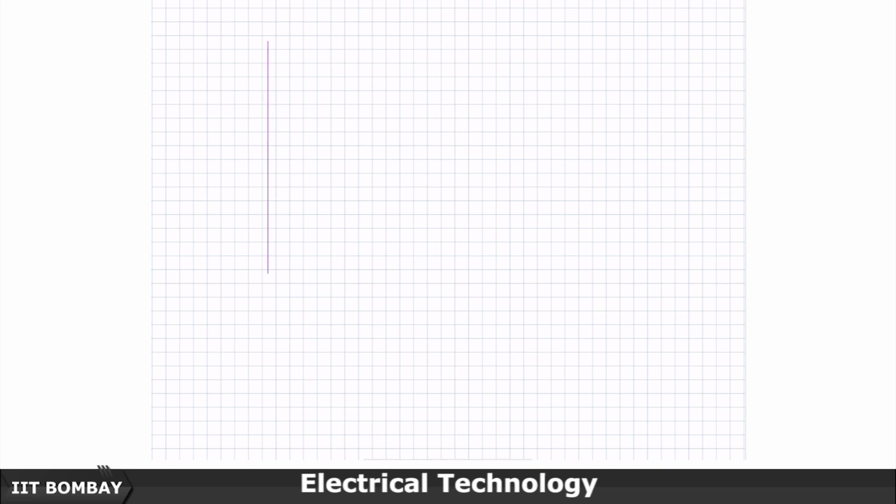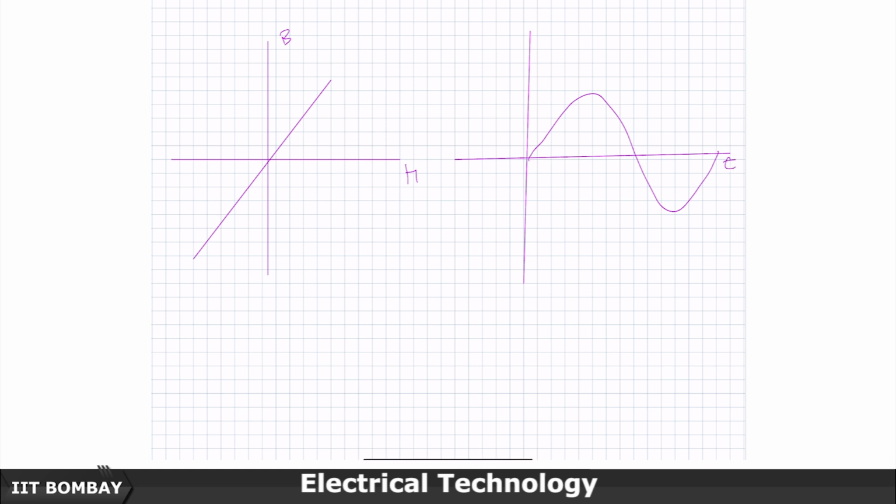if the BH curve were linear, and now if your B versus time was sinusoidal, that means flux versus time was sinusoidal, then the H would also have become sinusoidal, because it is just a scaled replica.